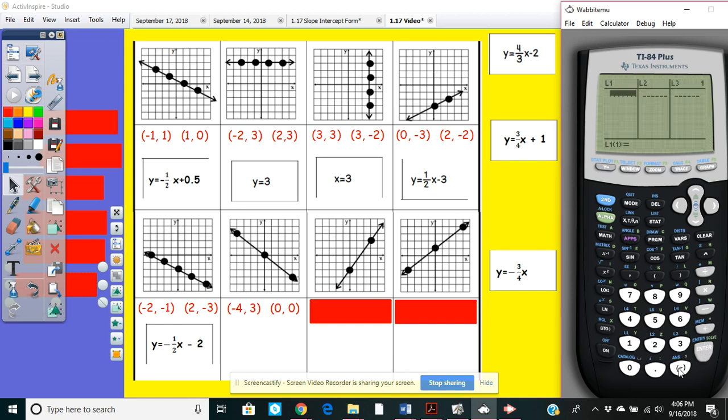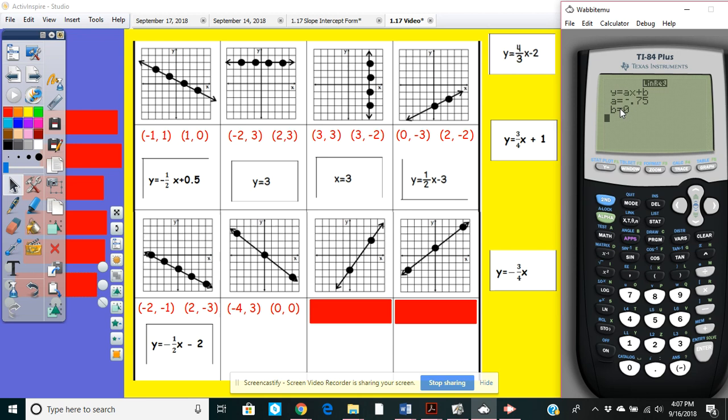My x's here are -4 and 0, and my y's are 3 and 0. Stat, over to Calc, 4 for linear regression, and then down to Calculate. Now I've got a slope of -0.75 and a y-intercept of 0.